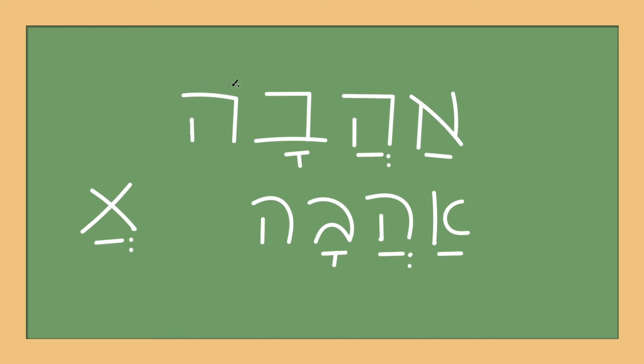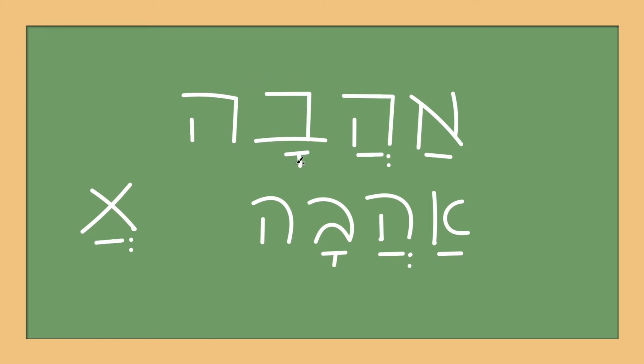And here we have another letter Hey, which is similar to the case with the letter Aleph. It will be silent over here, we're not pronouncing it. It won't be ahavah, it will be ahava. The letter Hey over here is completely silent, and it's there for spelling, and it also plays the role of an indicator that tells me that typically the letter that's standing before it has an A vowel.